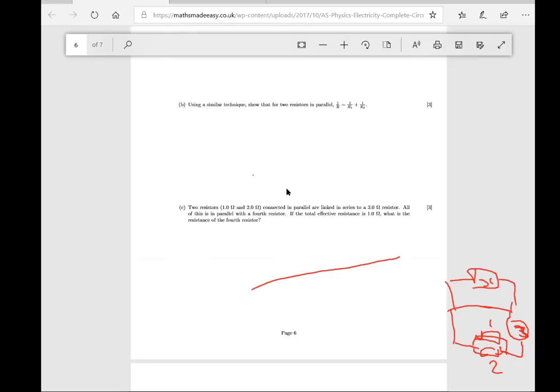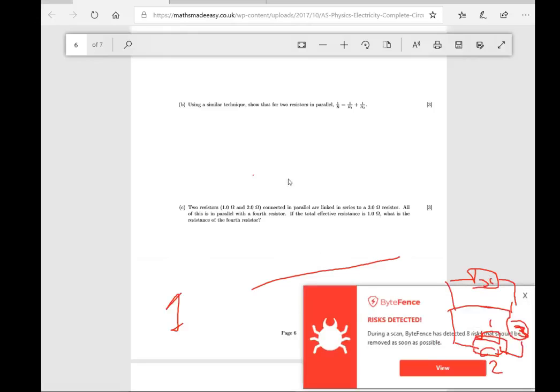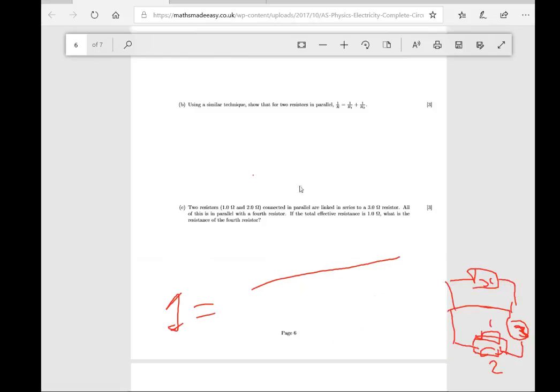Good. This total will be half plus 1.5. 1 divided by 1.5 is 2 over 3, right? Yes, 2 over 3.